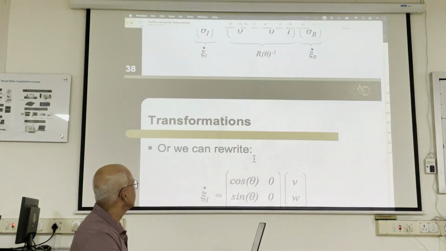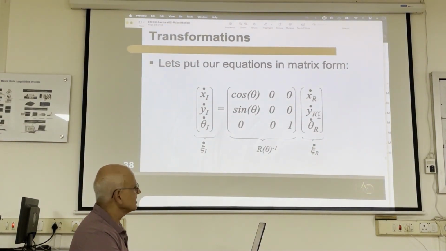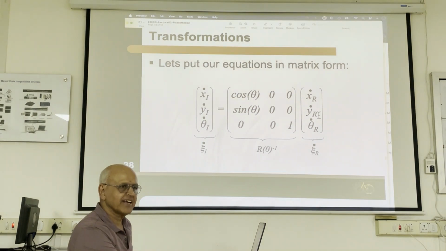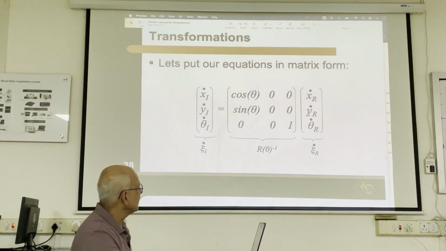So what happened here is, notice that YR dot is 0, right? For a differentially steered vehicle. So what's the point of including an equation which is going to give you a 0 result? In other words, if I get rid of this, what should I get rid of here? See, these numbers are all multiplying YR dot. So why not get rid of that?